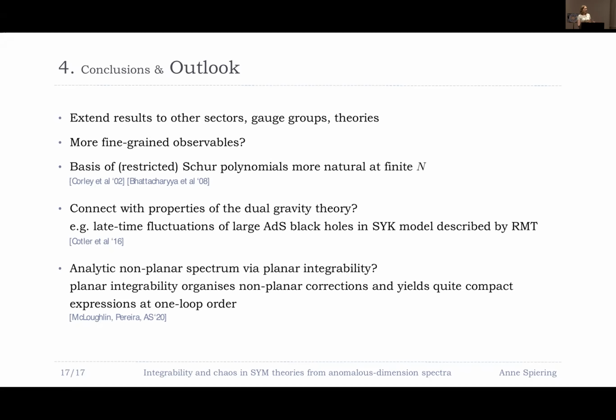And then, of course, if we could somehow connect with statistical properties of the dual gravity theory, that would be great. And then finally, that we find this random matrix theory description in the finite N spectra is actually quite cool, and that also spectra of more complicated theories like QCD can be described by random matrix theory.